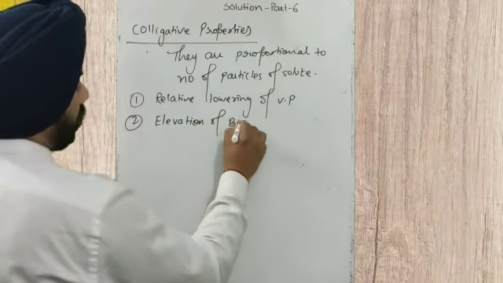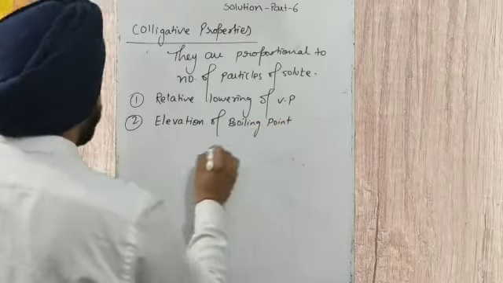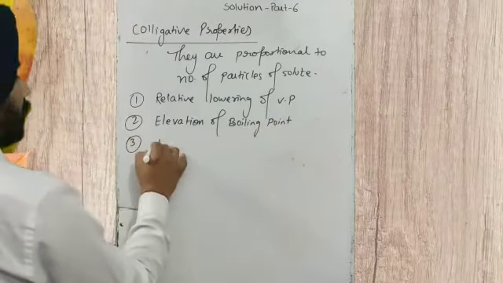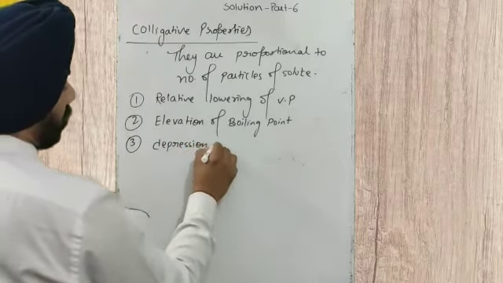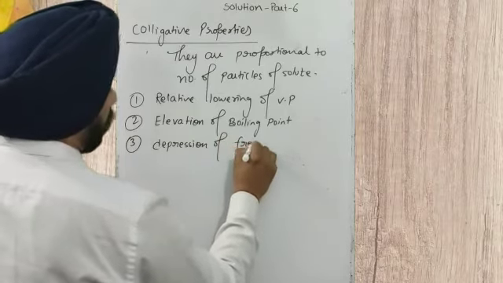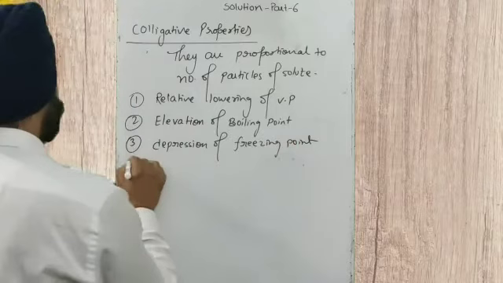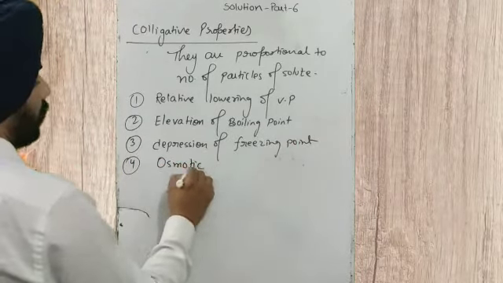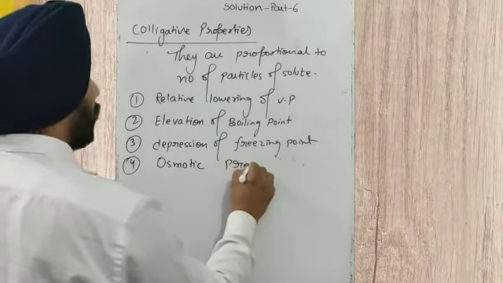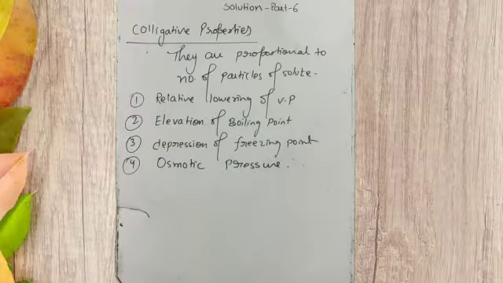Third, it is depression of freezing point. And fourth, it is osmotic pressure. One by one I am going to explain all of them.